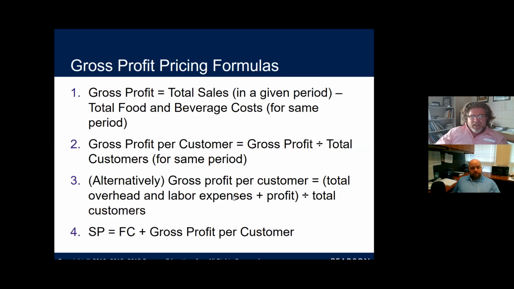And then our suggested price is the food cost plus our gross profit per customer. So we calculate what our profit per customer is, we add it to our food cost, boom, there's our menu price. Very simple.